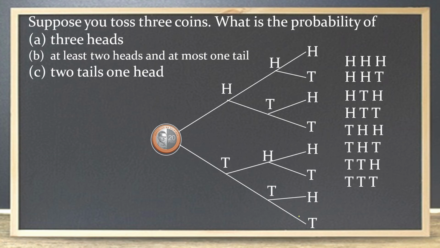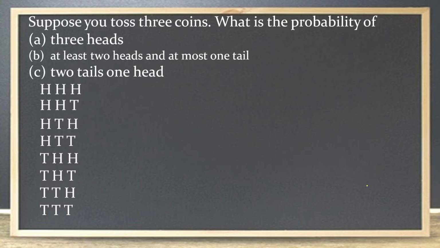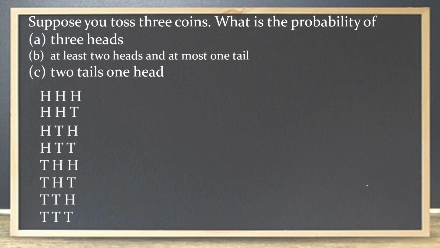Those are the possible outcomes whenever three coins are tossed. So we have 1, 2, 3, 4, 5, 6, 7, 8. That would be 8 outcomes, and these are the possible ways that they could appear.